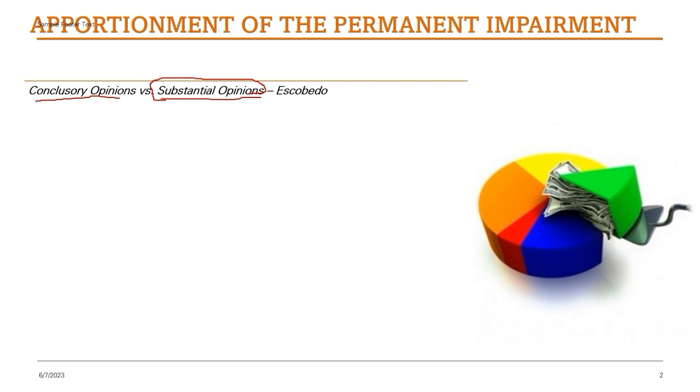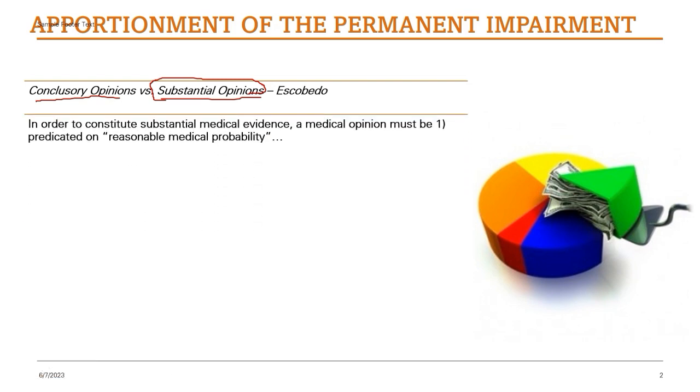And Escobedo tells us that, number one, in order to constitute substantial medical evidence, a medical opinion must be predicated on reasonable medical probability. So how would you do that? In the body of your report, you would start your opinion by saying, in my opinion, comma, within reasonable medical probability, comma, and then you provide the conclusory portion of your opinion.